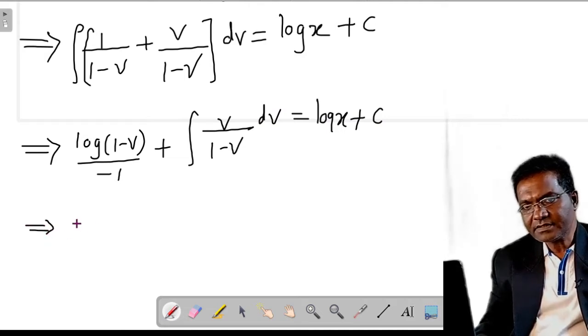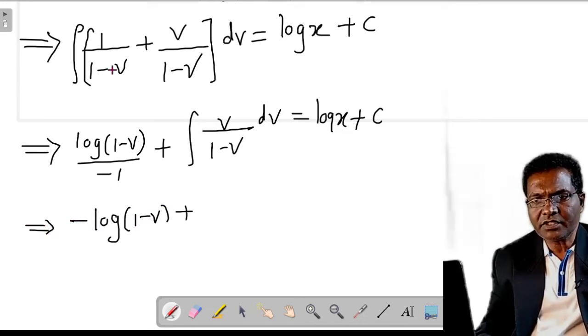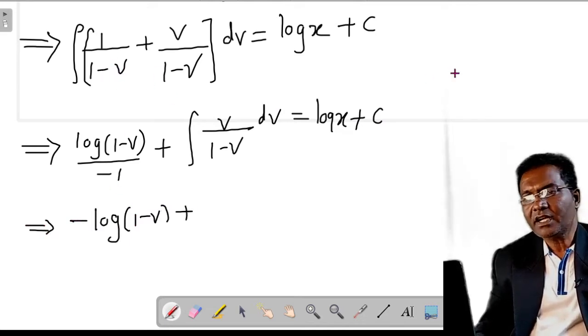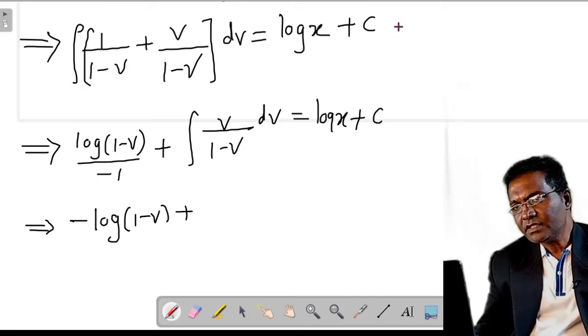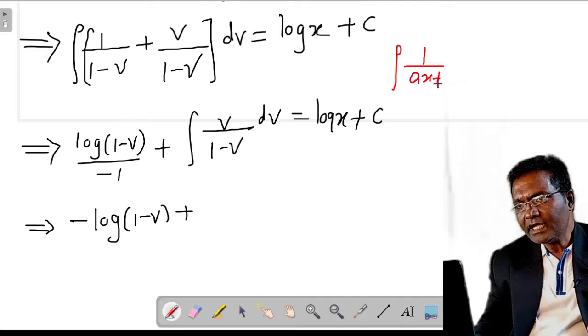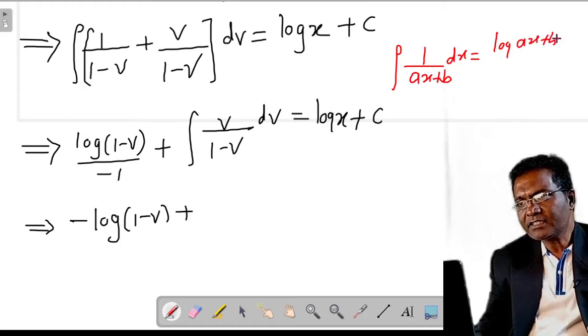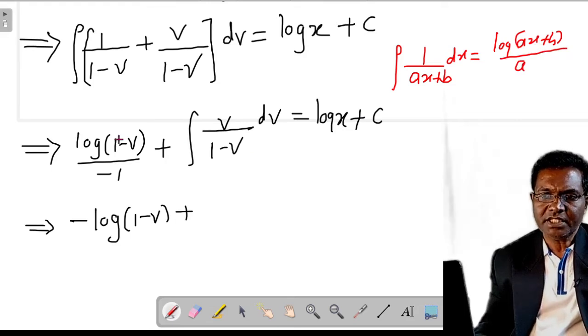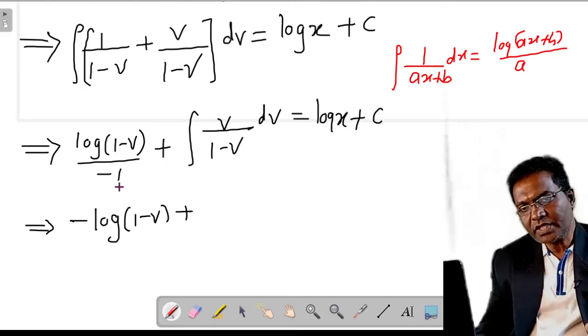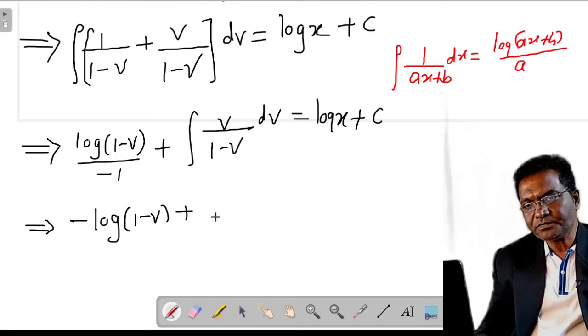This can be written as minus of log of 1 minus v. Why is it minus 1? The coefficient of v is minus 1, and you know the integral of 1 by ax plus b with respect to x is log of ax plus b divided by a, the coefficient of x. Here the coefficient of v is minus 1, so you have to divide by minus 1.